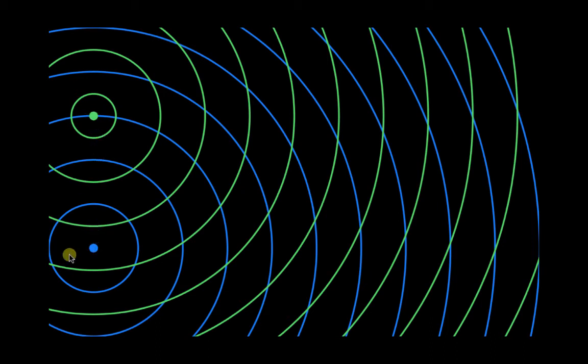So in this distance here, the purple wave has traveled 1, 2, 3 full wavelengths. Okay, and it ends with a wavefront on the source. Now, if we contrast that with the green wave, it ends with a trough here on the source.